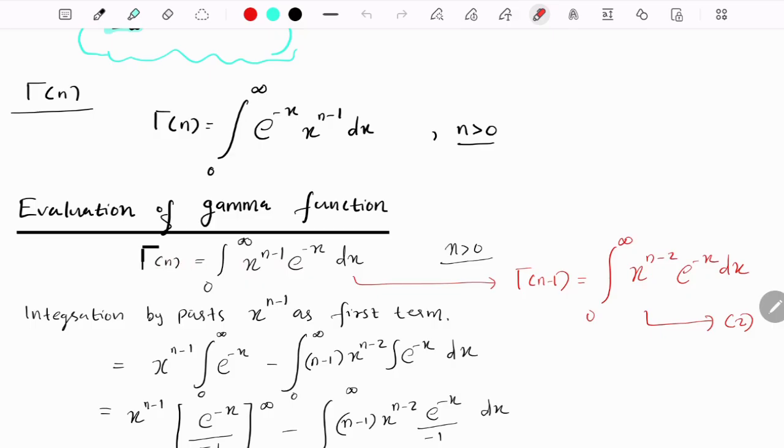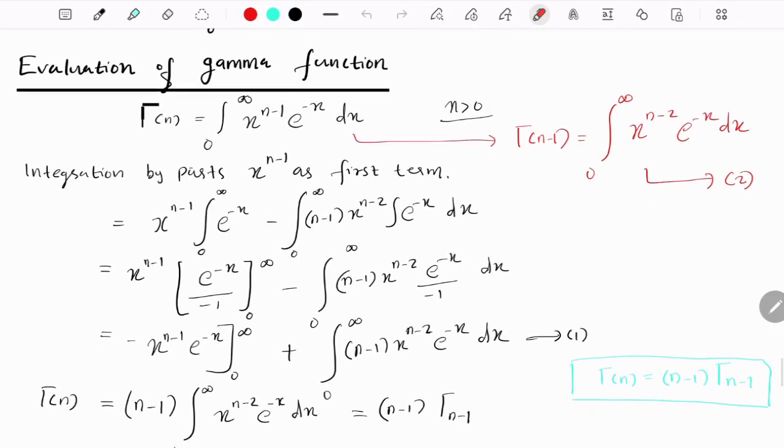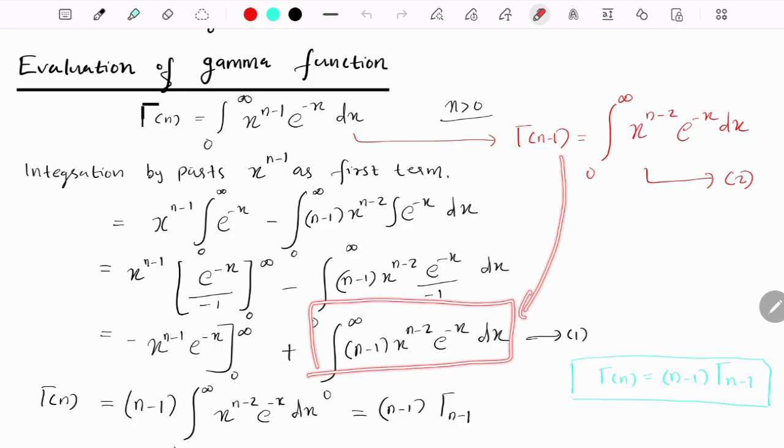Okay. So what is gamma of n minus 1? X to the power n minus 1 minus 1, that is n minus 2, e to the power minus x. Okay. So here this is equal to gamma of n minus 1.